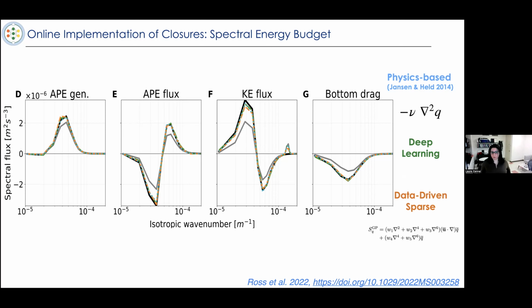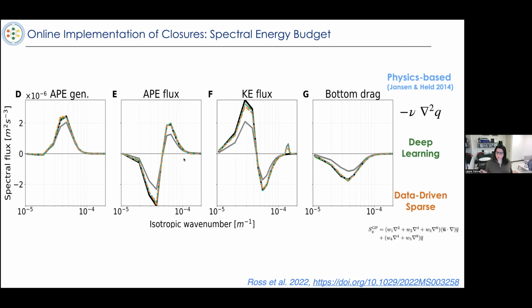Coarse resolution is in gray. Black is the high res again. So obviously at coarse resolution with no parameterization, you have a lot less kinetic energy flux. Each one of the parameterizations kind of improves that. So they all do very well at improving backscatter, and they do all very well across the full energy spectrum. Now, obviously, it's kind of obvious if you do one of them well, you'll probably do the rest of them well because it's a very simple two-layer QG model.